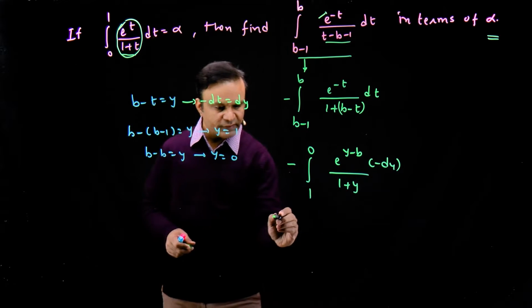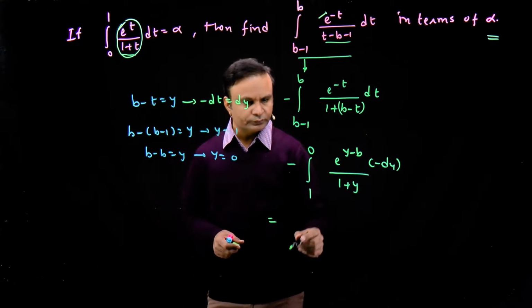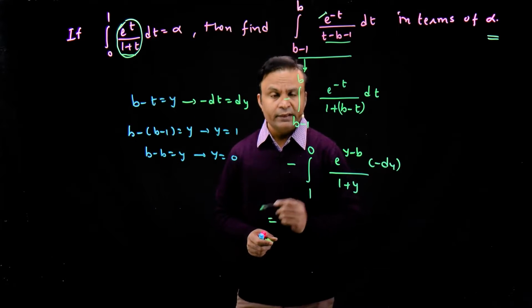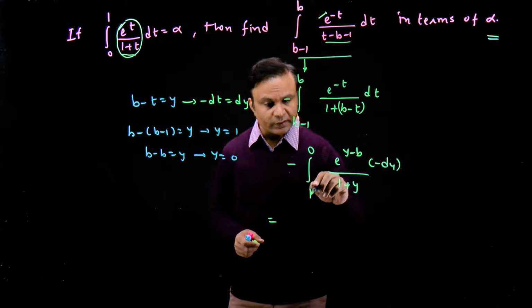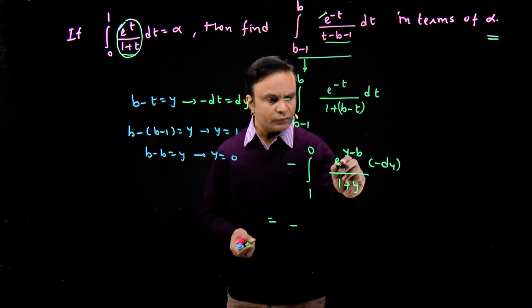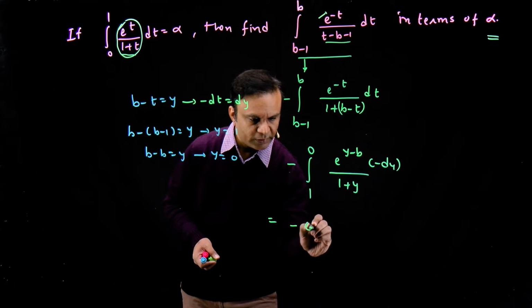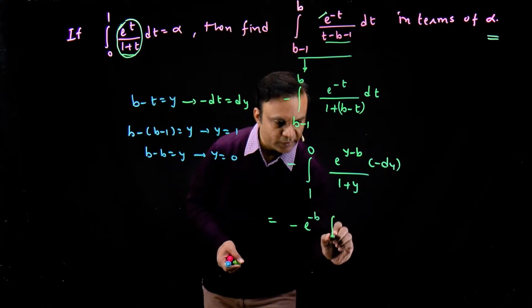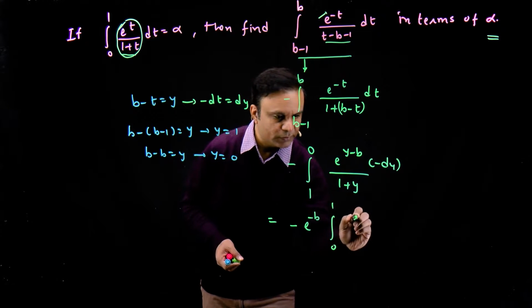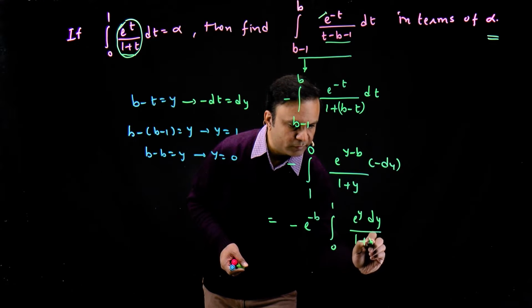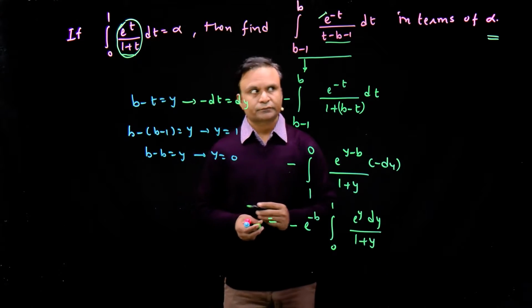Now I have one minus sign here, one minus sign here, and I will get one more minus sign by reversing this limit. So actually I have a minus sign. Also from this I can take e power minus b outside the integration. So I have this integration e power y multiplied by dy upon 1 plus y.